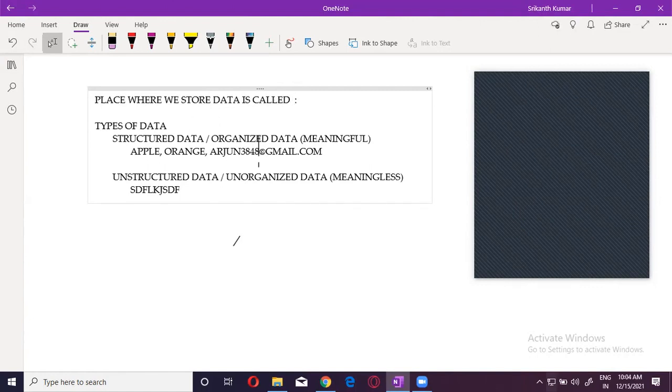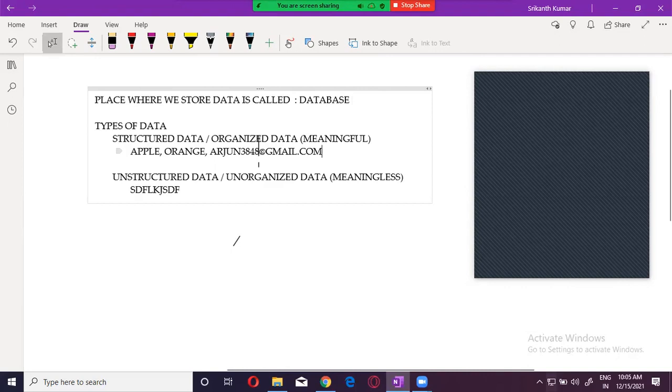Okay, now see this, guys, you will be connected with all the big terminologies with a simple meaning. We started with data science, we have seen science, we have seen data, now we are seeing database. The place where we store any data, organized or unorganized, is called a database.